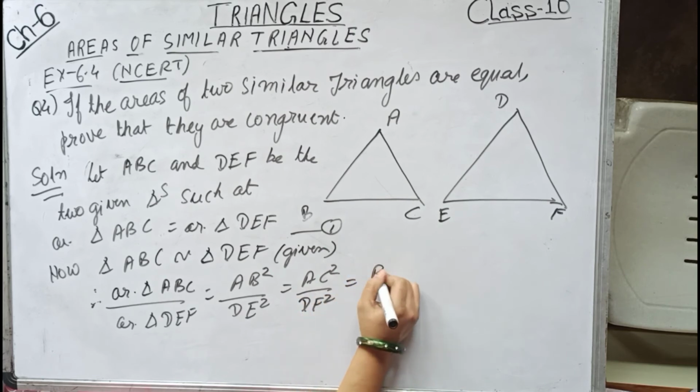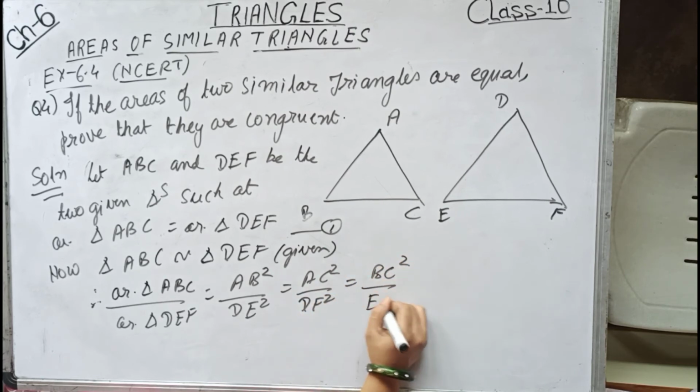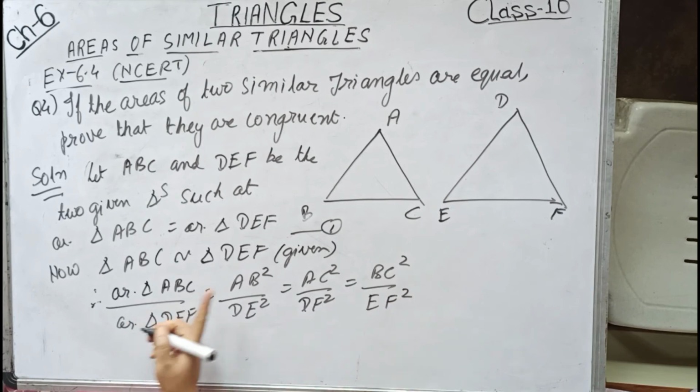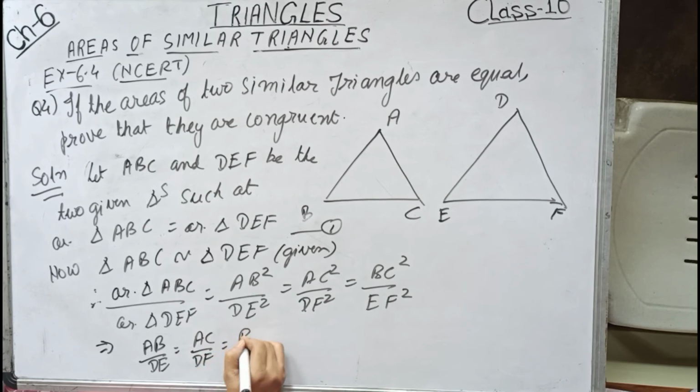So I am writing the corresponding sides, square of their corresponding sides. Now this equals this, it is given. So this implies AB by DE equals AC by DF equals BC by EF equals 1, using equation 1.